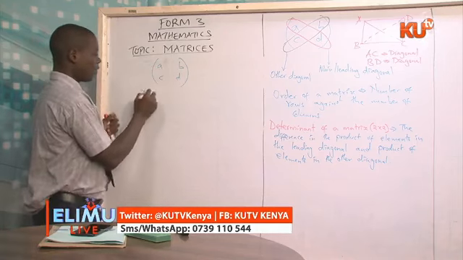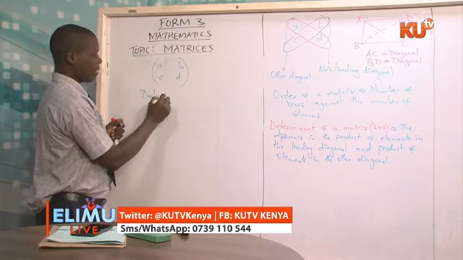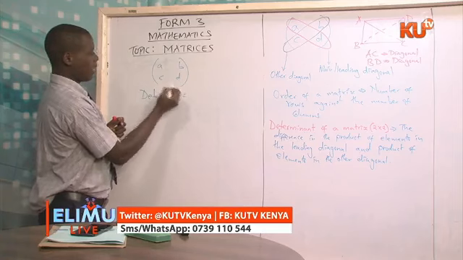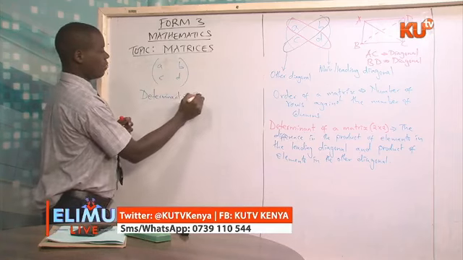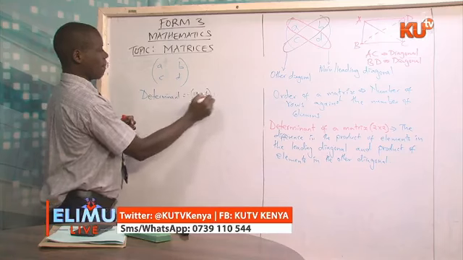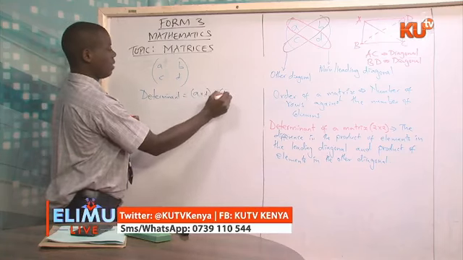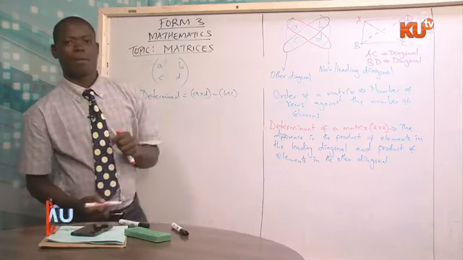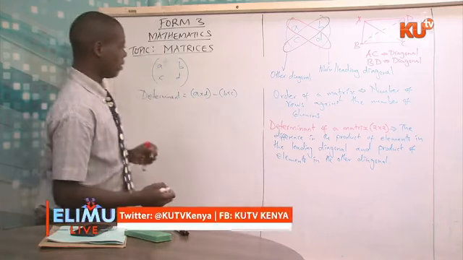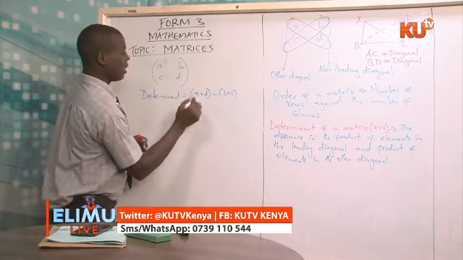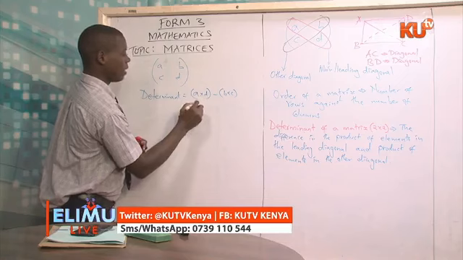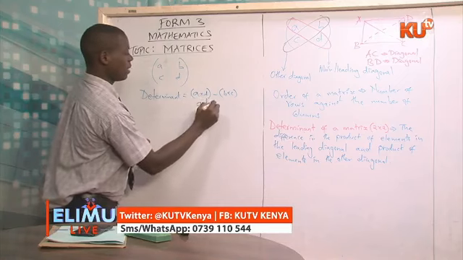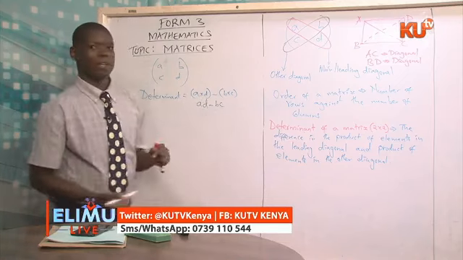Therefore, when talking of determinant, we say it is A times D minus B times C. So A times D gives us AD minus BC.